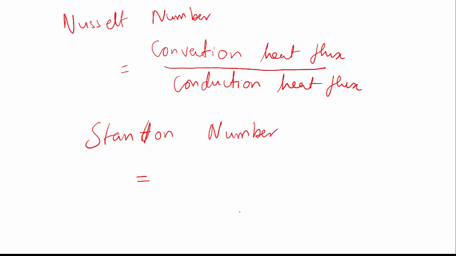The Stanton number is the ratio between the heat flux to the fluid divided by the heat transfer capacity of the fluid, which means how much heat is applied to the fluid and what is the maximum heat the fluid can absorb. For example, consider water. When it reaches 100 degrees Celsius, it starts boiling, which means it changes its phase.